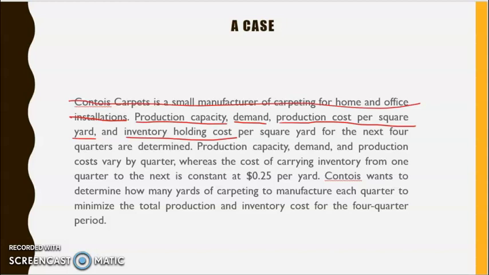Production capacity, demand, and production cost vary by quarter, whereas the cost of carrying inventory from one quarter to the next is constant at 25 cents.